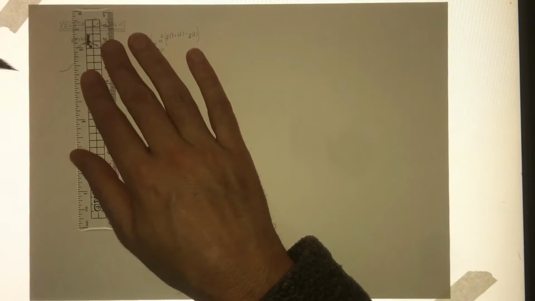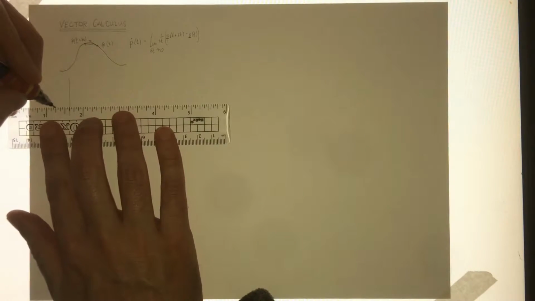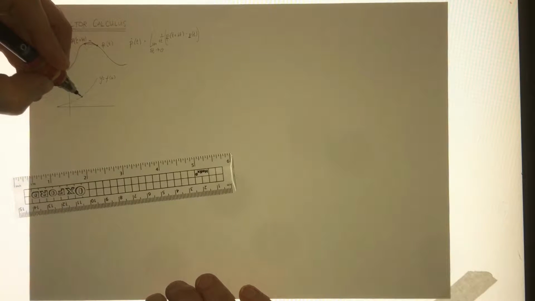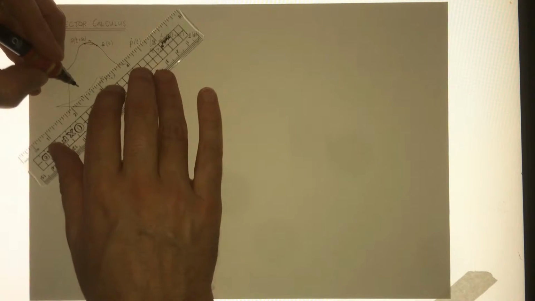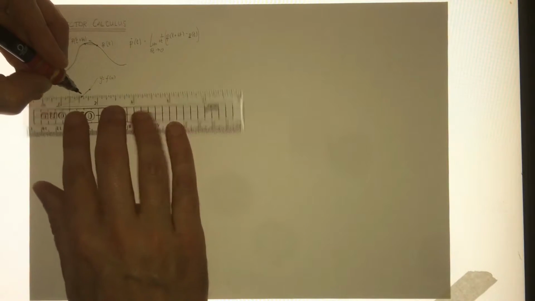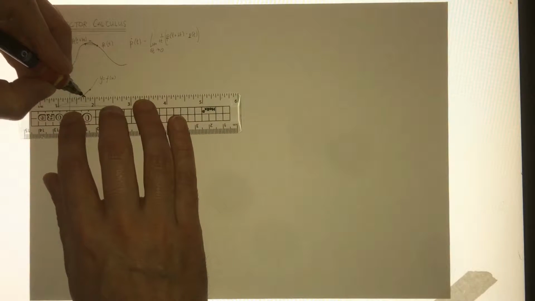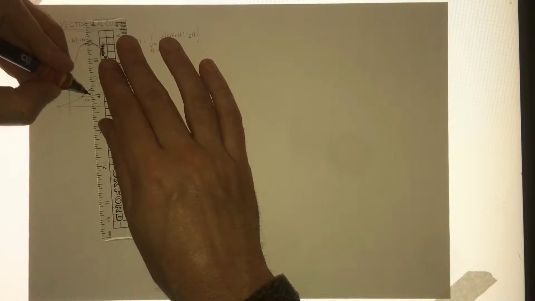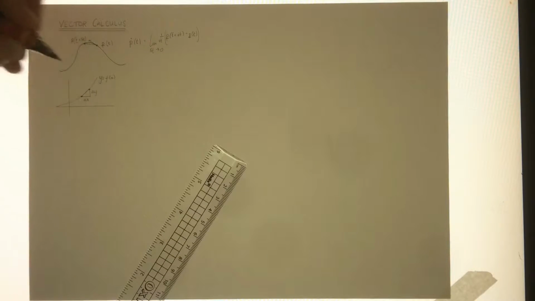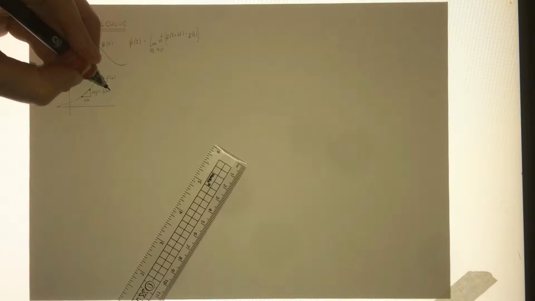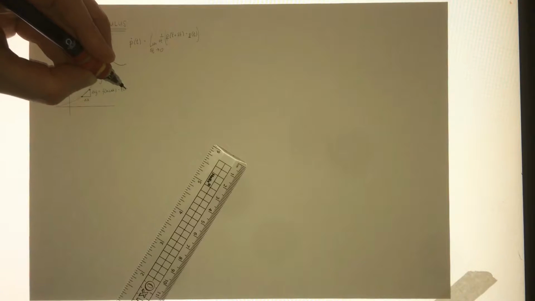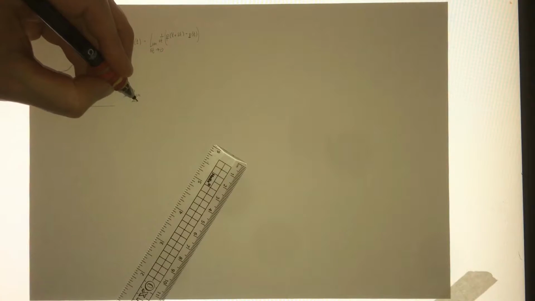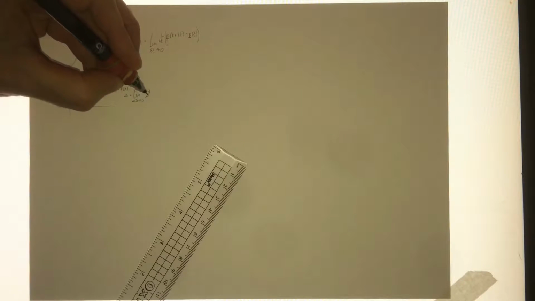So notice it's the same thing that we did in basic calculus, where we had y equals some function of x, and we wanted to know the slope at this point, so we just took points nearby and we said if x changes by a little amount here, call it delta x, then y changes by a little amount, change in y, which is just f of x plus delta x minus f of x, and the slope is the limit as delta x tends to 0, delta y by delta x.